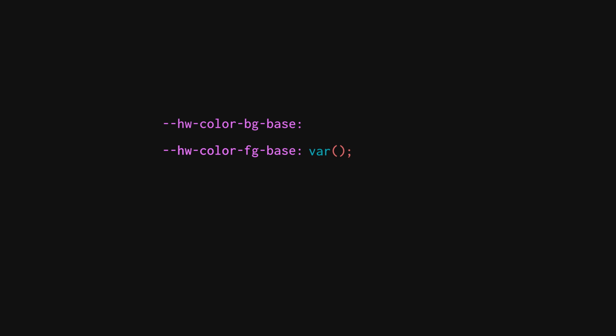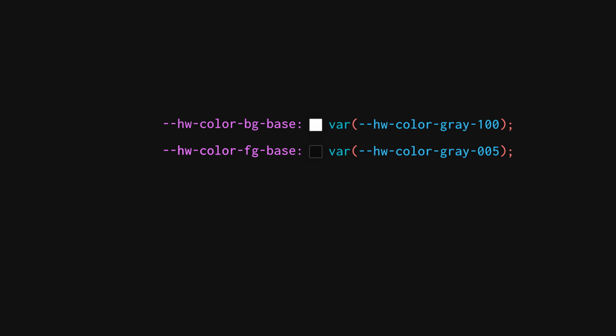Now I'm going to reference a variable I created in my primitive layer. I use the text var followed by parentheses, and I put my primitive variable name inside them, followed by a semicolon. In a typical system, we'll have white or off-white for the background and black or off-black for the foreground.